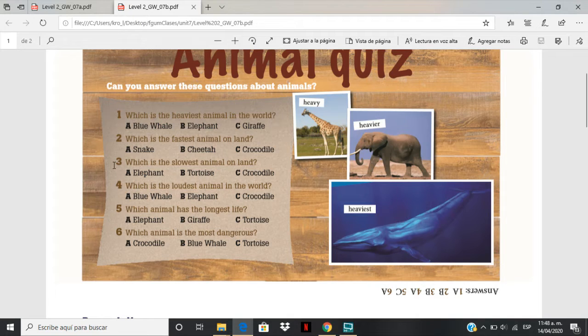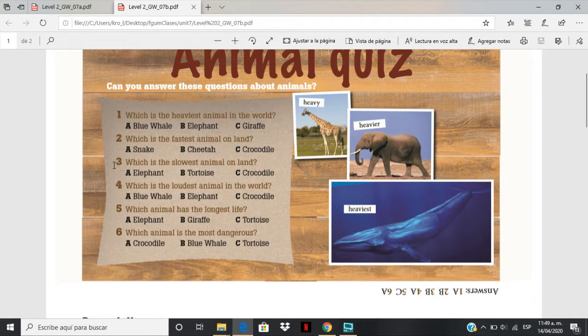Do you know the whale makes a special noise or sound, no? Then for 5, the answer is C. The tortoise has the longest life. And finally, 6. The answer is A. The crocodile is the most dangerous.